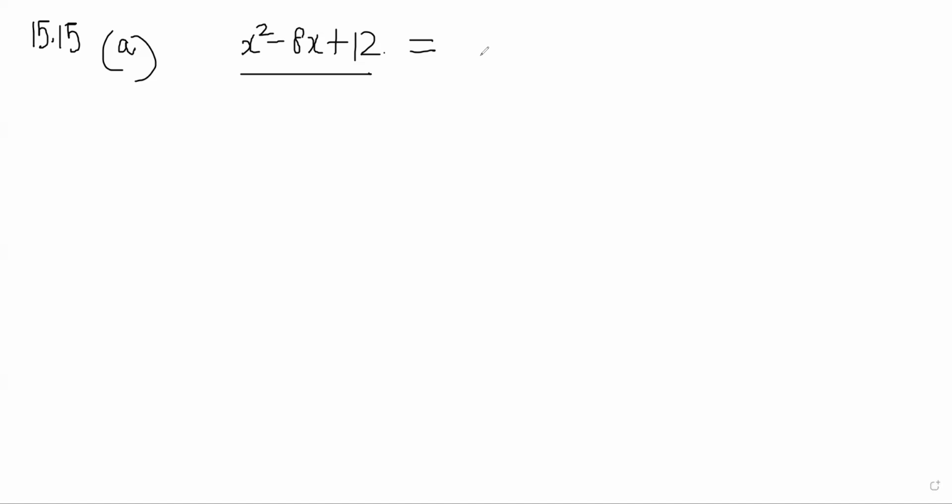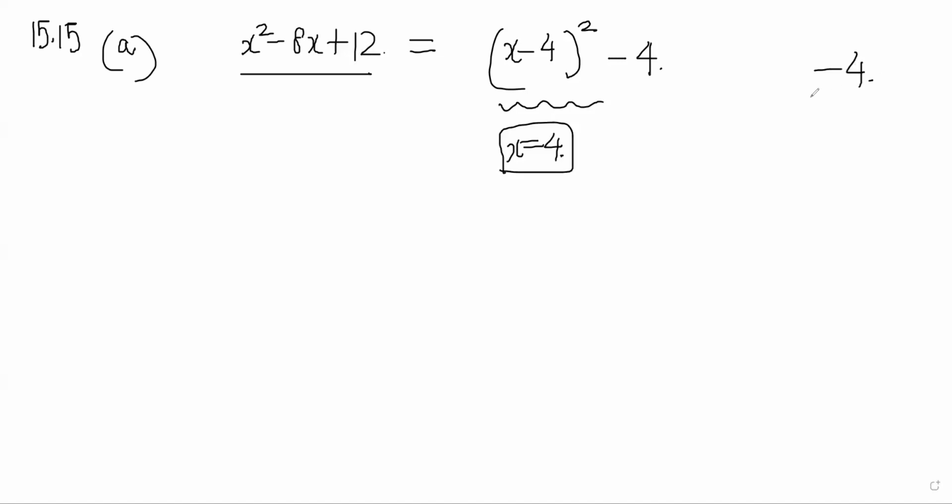I got that the smallest value is -4, and that happens when x is equal to 4. So you will complete the square, you will get x minus 4 whole square minus 4, right? Yeah. And obviously, smallest value will happen when x is equal to 4 and the negative value is -4. That's correct. Let's go to part B then.